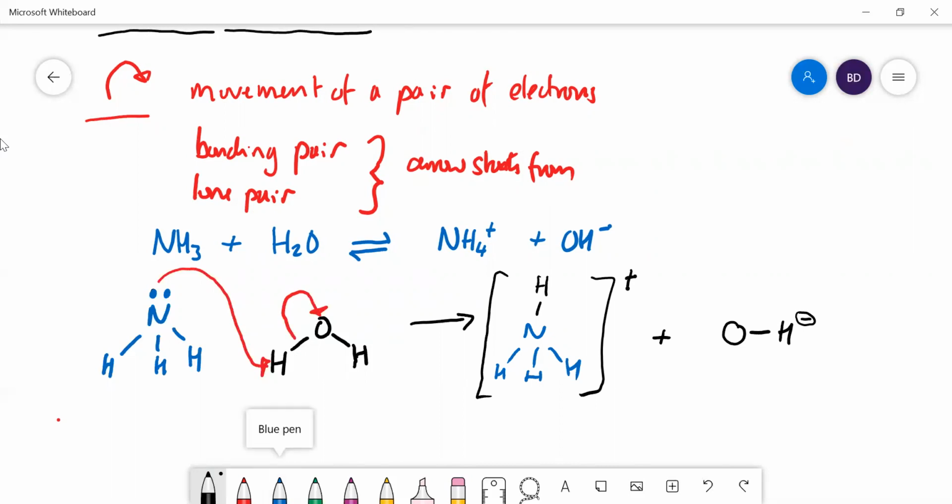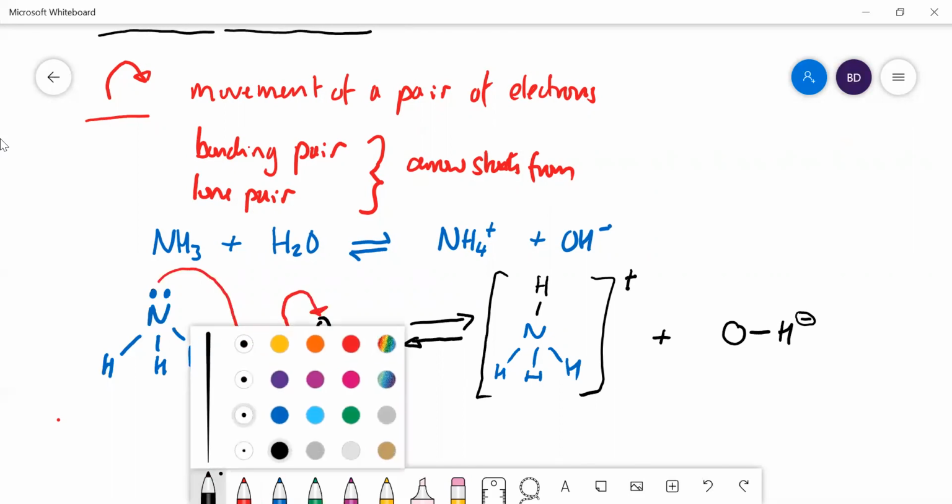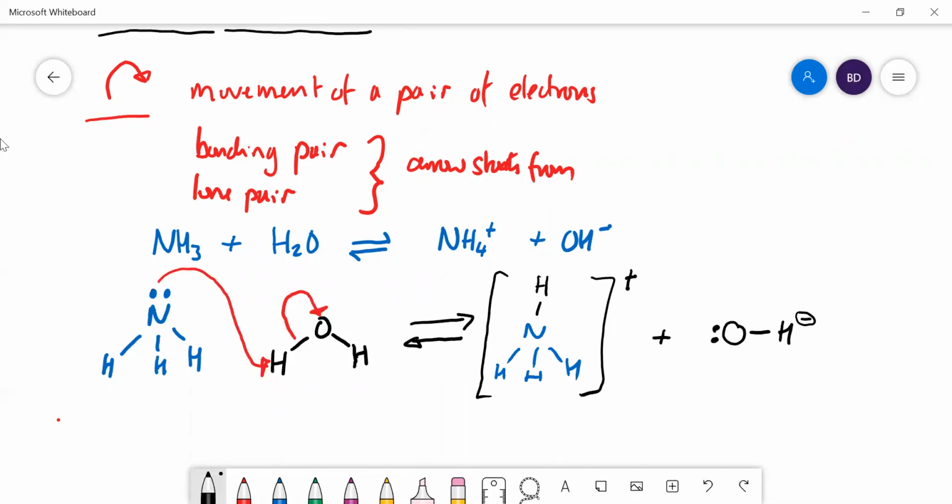So let's do it going backwards. What would happen there is, let's say the oxygen is going to get back that H plus. So this lone pair is going to stretch out and form a bonding pair to the hydrogen. No longer a lone pair, it's a bonding pair. And of course, then that means that hydrogen can't have this bond anymore, can it?